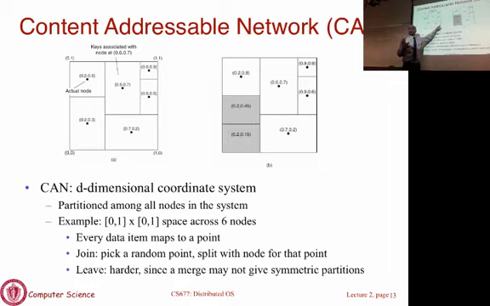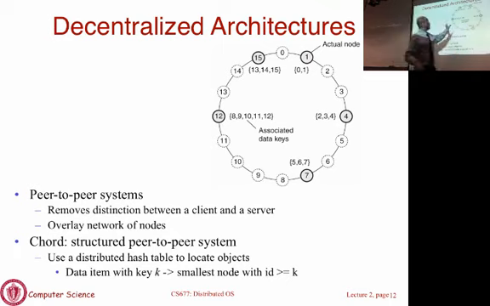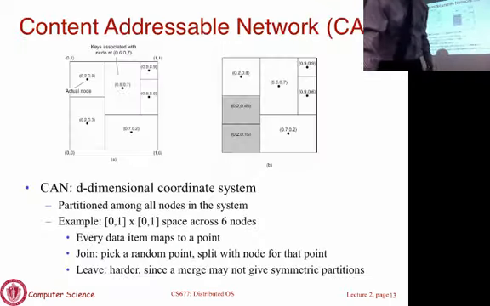Now what you want is nodes that, rather than taking responsibility for keys in a certain range, take responsibility for keys in a certain space. So each node will say, I am going to answer queries for file names from A to D and types MP3 and JPEG, for example.